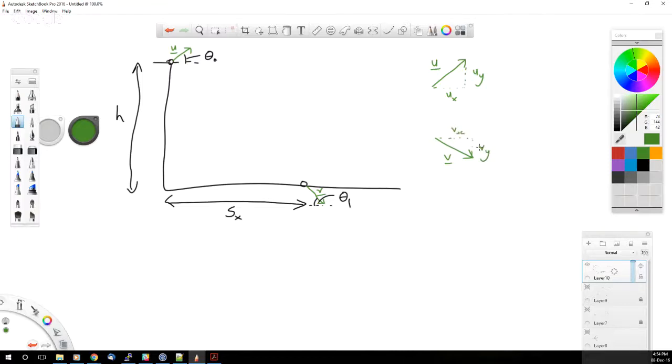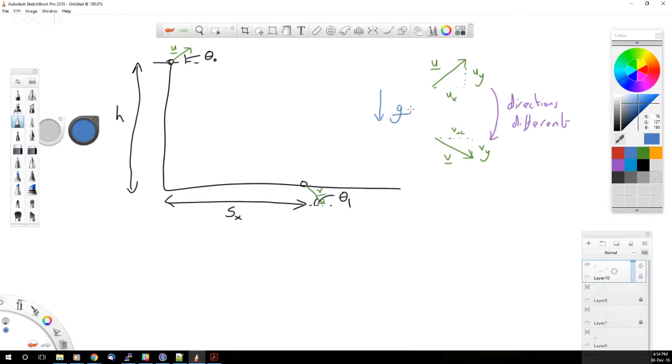Important thing to note here, directions of ux, uy and vy are different. So it's important for you to decide which way you're going to define positive y direction to be. And we've got our acceleration of g in that direction.